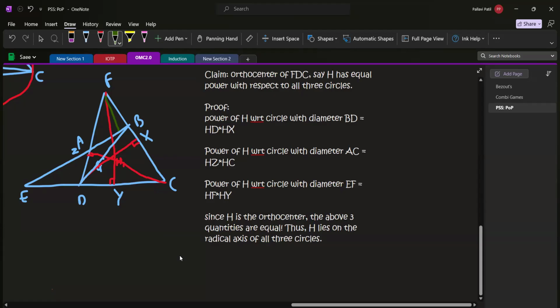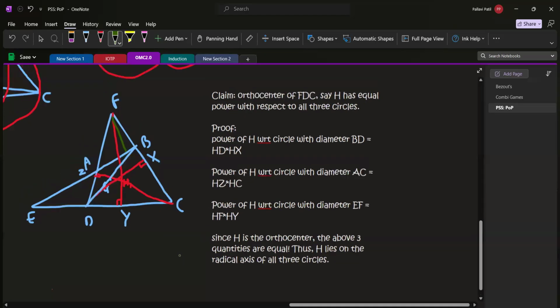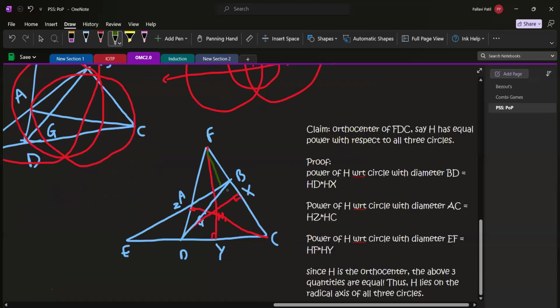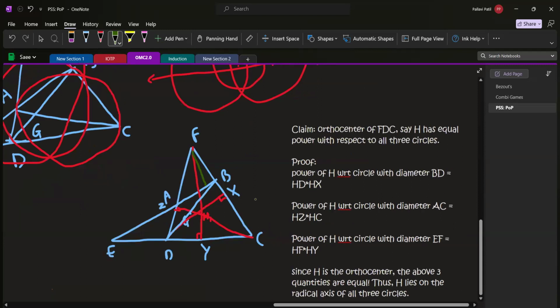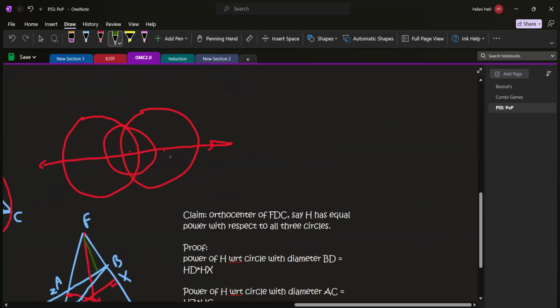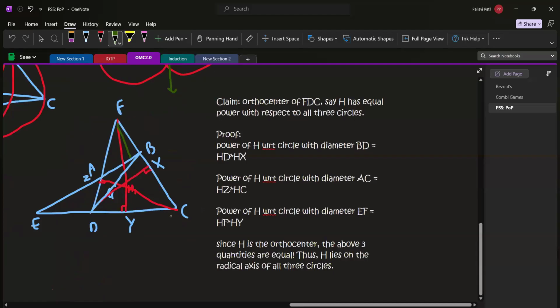And we also get that the three centers have to be collinear. And further, notice that the line joining the centers is always perpendicular to the radical axis. So we have that the line passing through the orthocenters is perpendicular to the line joining the midpoints.